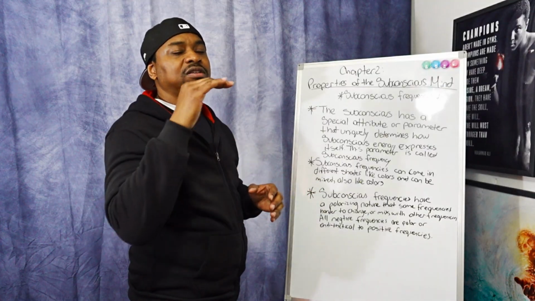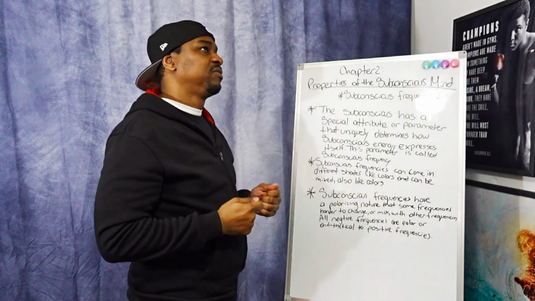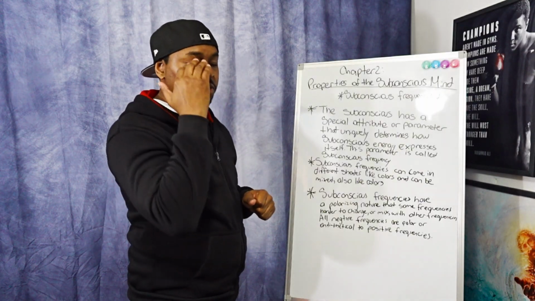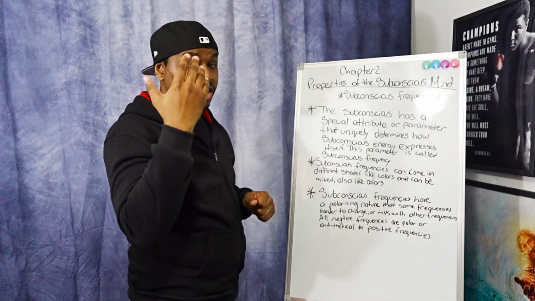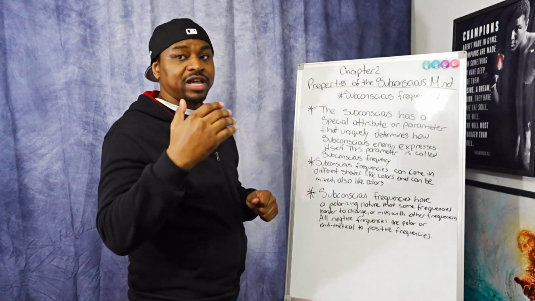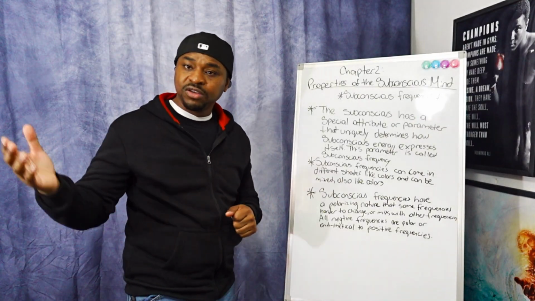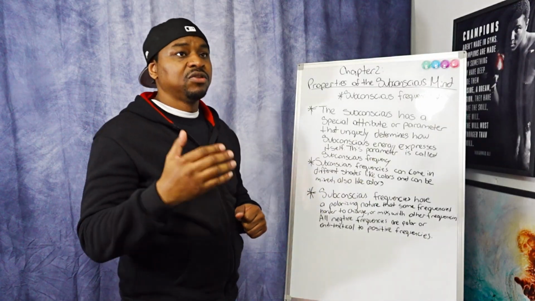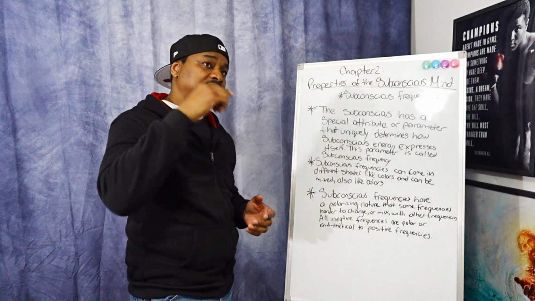A color, what our brain interprets as a color, is actually the result of an electromagnetic wave entering our eye.